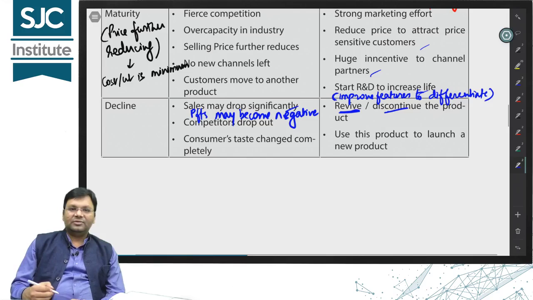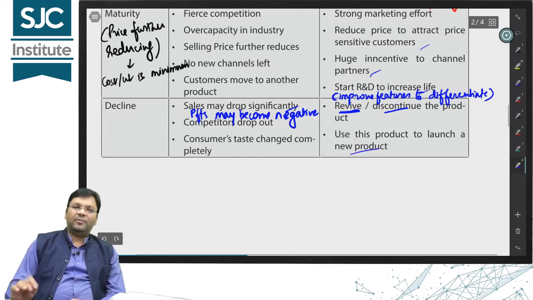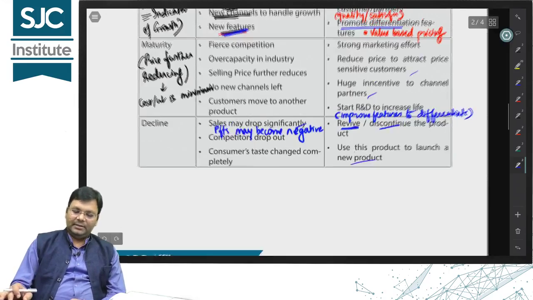Using the product to launch a new product is also a strategy, a replacement policy: if you have this product, you can sell it to me and I'll give you a discount on my new product. Revive is keeping the name the same with just a features or design upgrade, but a new product means altogether a new product which was not existing.